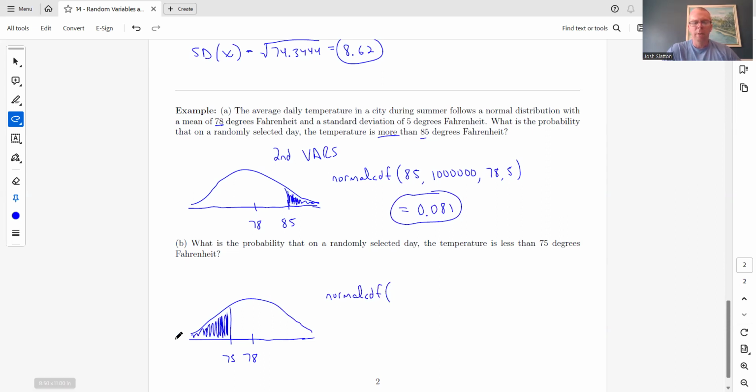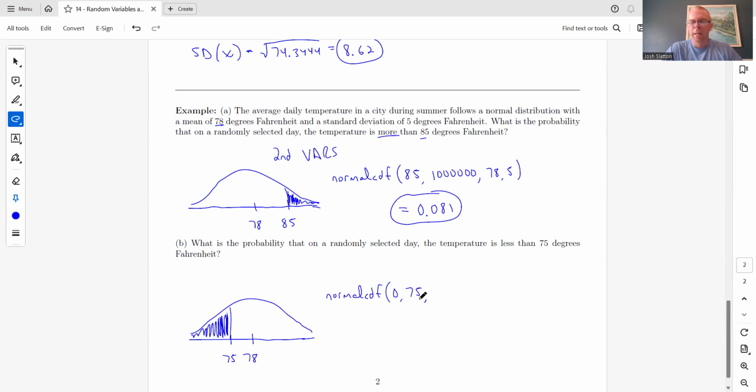The lower bound over here will be 0. Or you could put negative 1,000 if you want. You could put a negative big number if you're going that way, but obviously 0 is the lowest temperature, but 0 is far enough away. You can put 0.